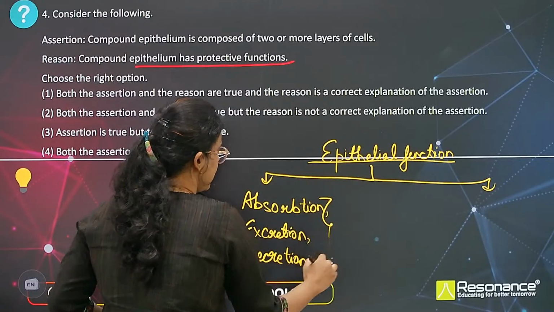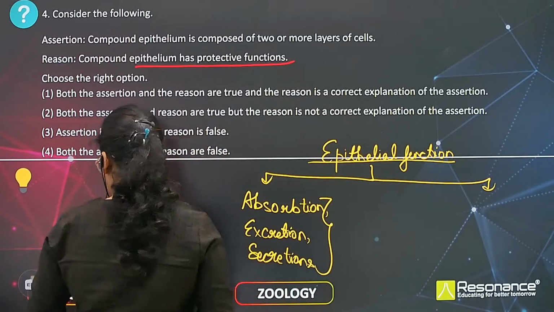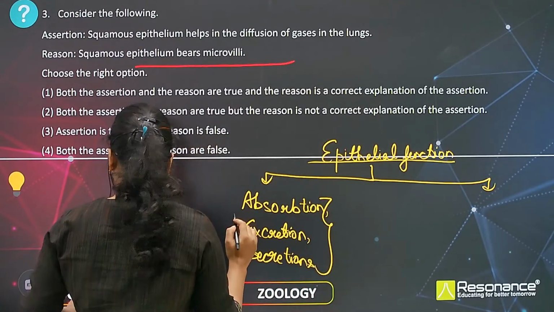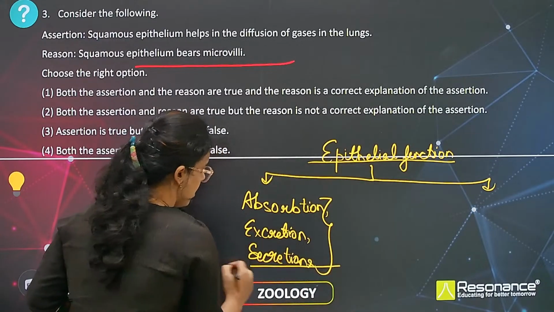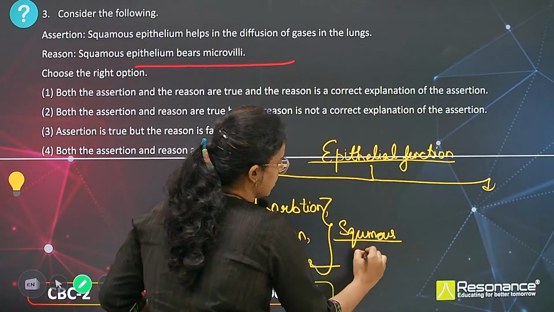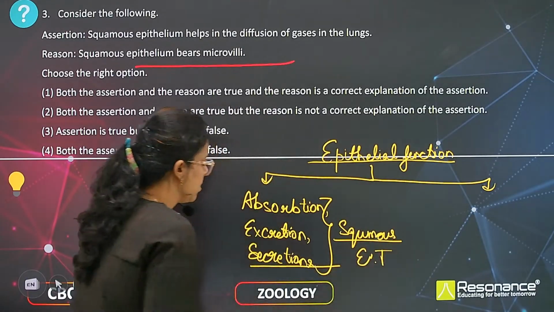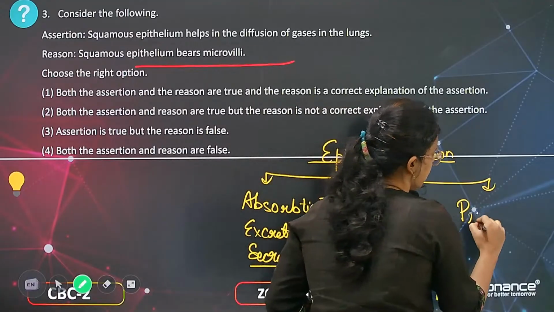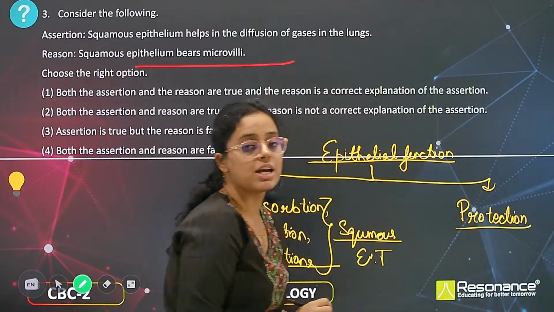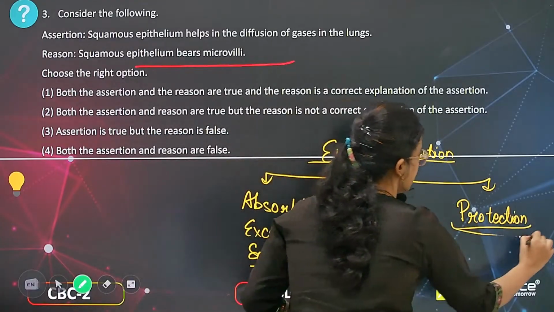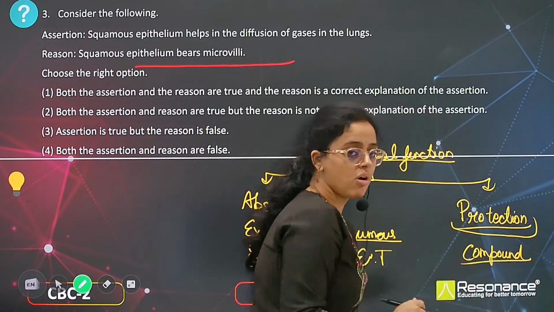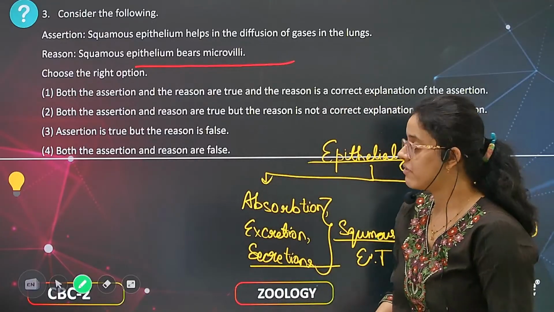These three are performed by the squamous epithelium, that is, the single-layered epithelium. Now protection from mechanical injury or any stresses, external or internal, is done by compound epithelium. For protection we have compound epithelium. This compound epithelium is made up of two or more layers. It is also called stratified epithelium.